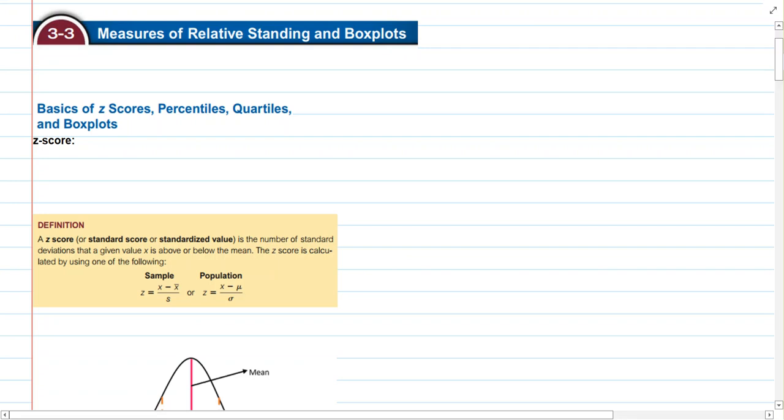We're in section 3.3 now, the last section of the chapter.